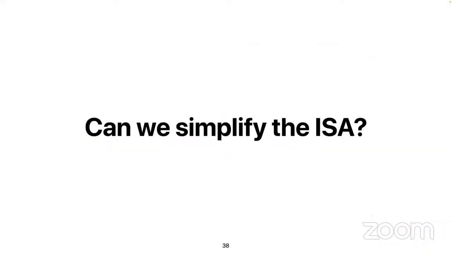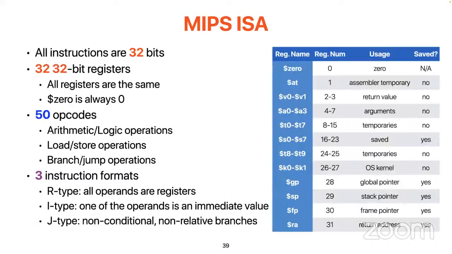So another design philosophy for the instruction set architecture is to simplify the instruction set design. One of the extreme examples compared against x86 is the one that we use in the textbook, called the MIPS instruction set architecture. In MIPS, all instructions are 32 bits, and it has 32 registers.